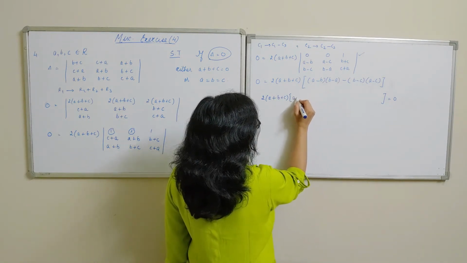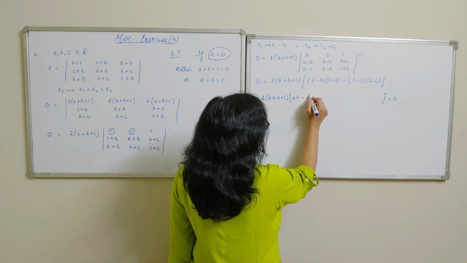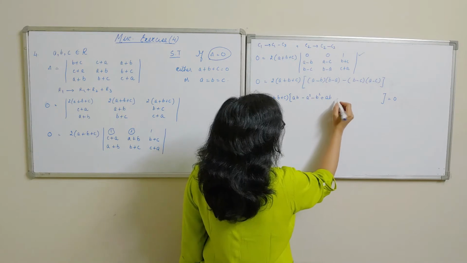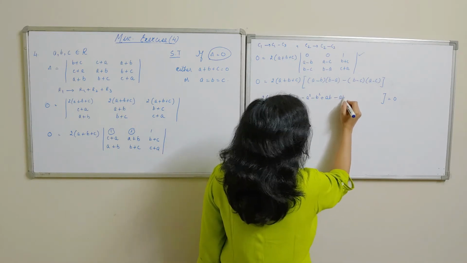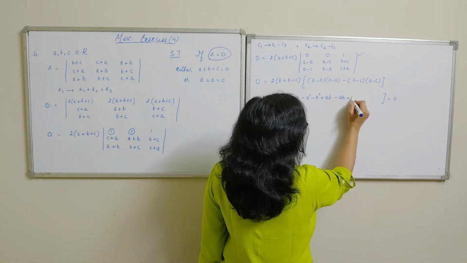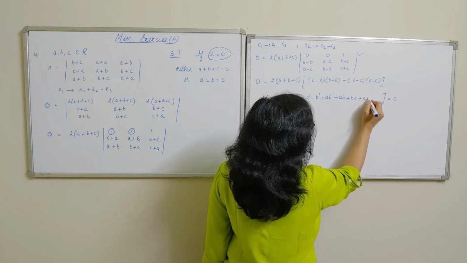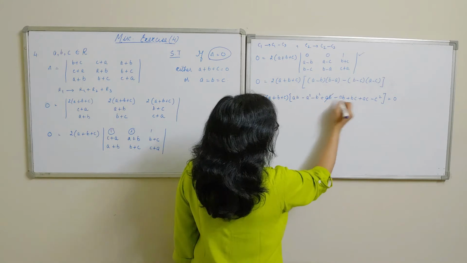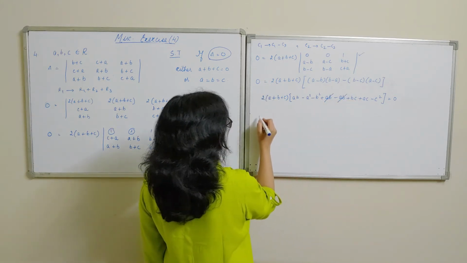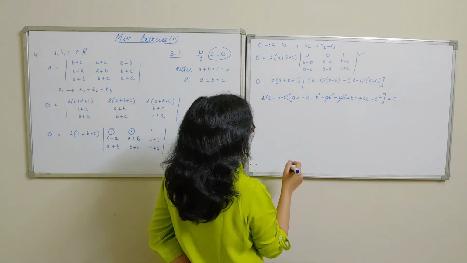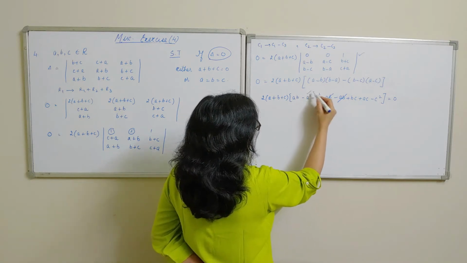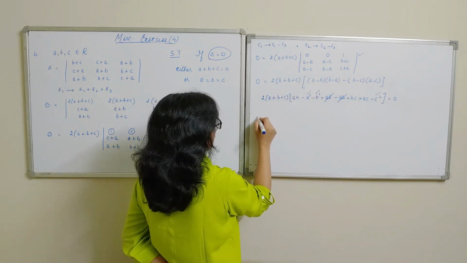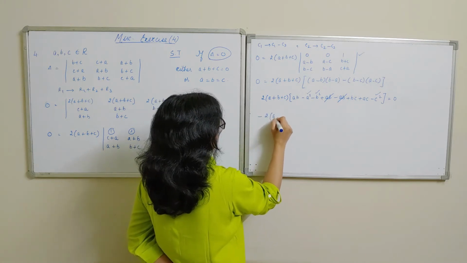So performing this multiplication, AB minus A square minus B square plus AB minus AB plus BC plus AC minus C square. So one of the factors gets cancelled, and over here you can see that the square terms are all negative. So from this bracket I am taking a minus sign common.